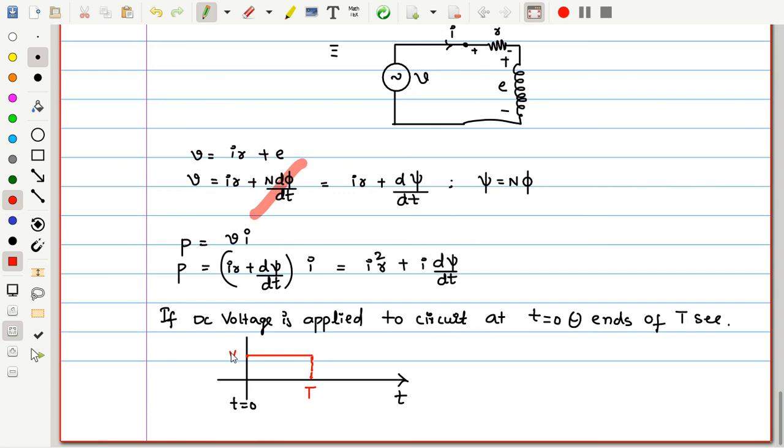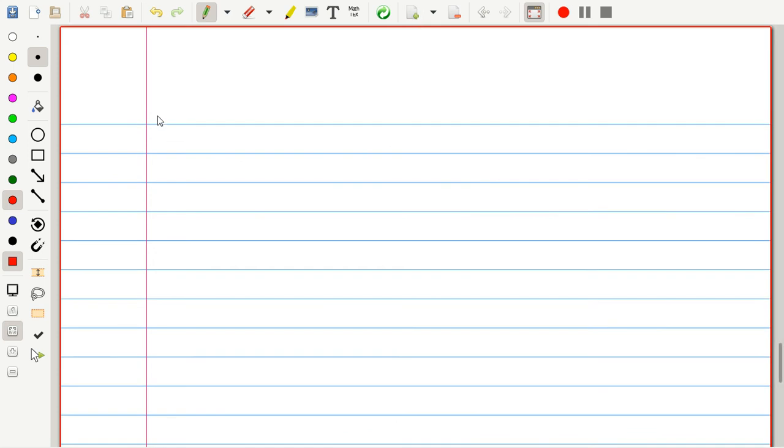Now if this DC voltage is applied, let us see what the energy will be. So the energy input, let me use the symbol W for the energy. W is not the power; energy is equal to work done.